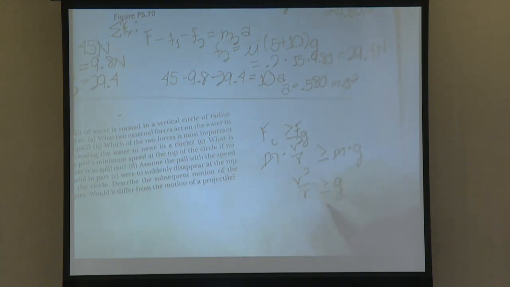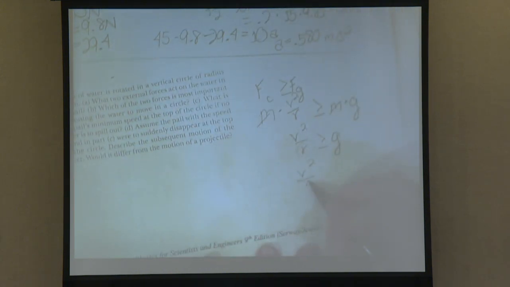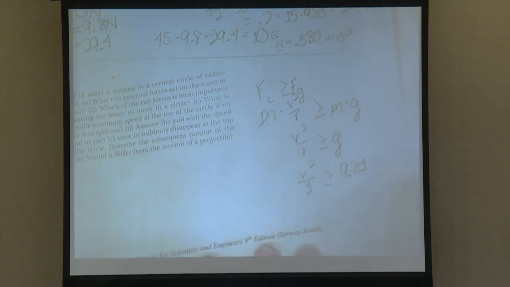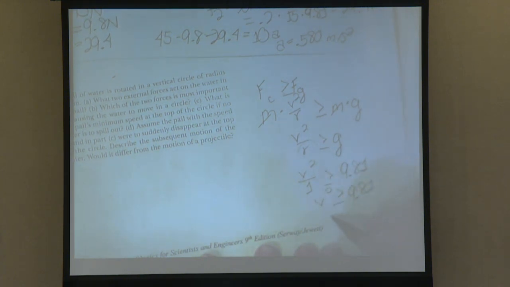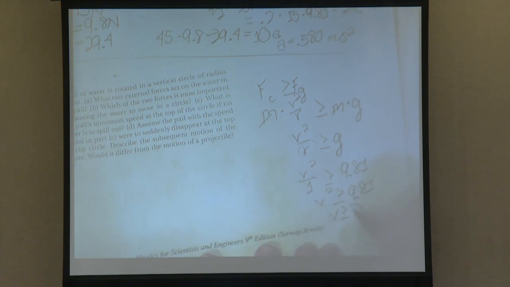We know our radius, which they give to us, is 1. So v squared over 1 has to be greater than or equal to 9.81, so v squared is greater than or equal to 9.81. When you take the square root of that, it should be greater than or equal to 3.13 meters per second.